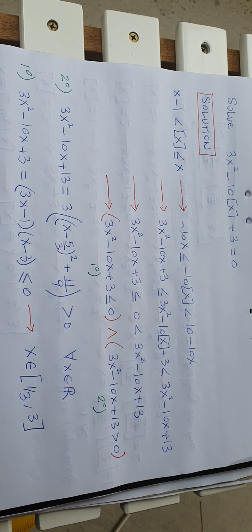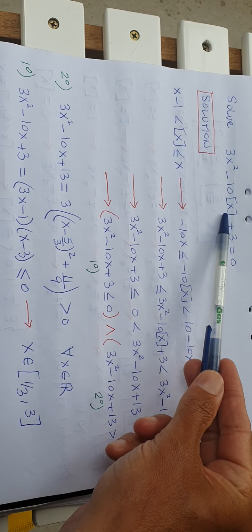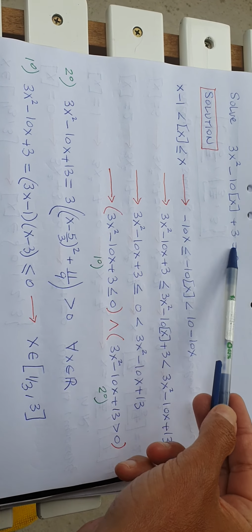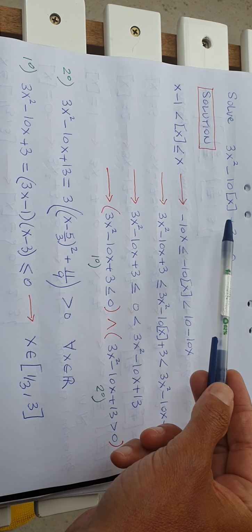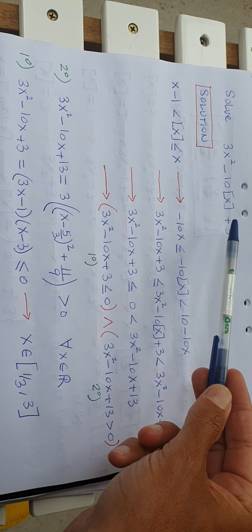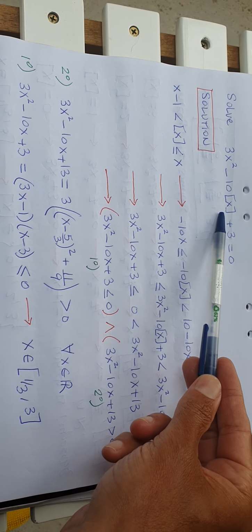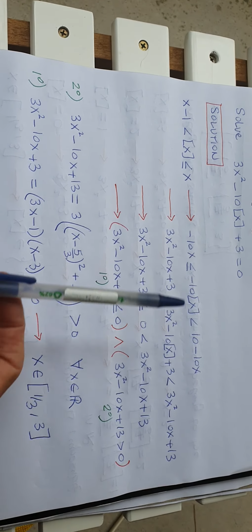So we want to get rid of this integer part of x and transform this to something we know how to deal with. So we are going to use the definition of the integer part of x.